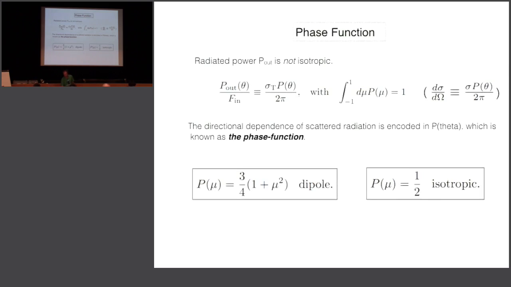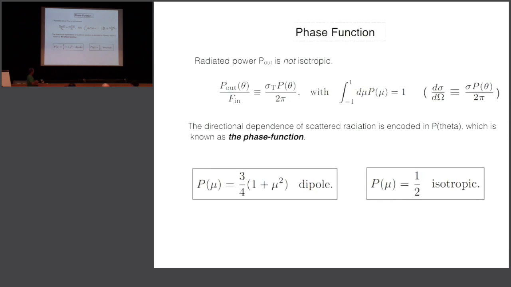And this phase function is important. If you define mu as cosine theta, you want to normalize it so that the total amount of radiation is equal to what is given by the Thomson cross-section.